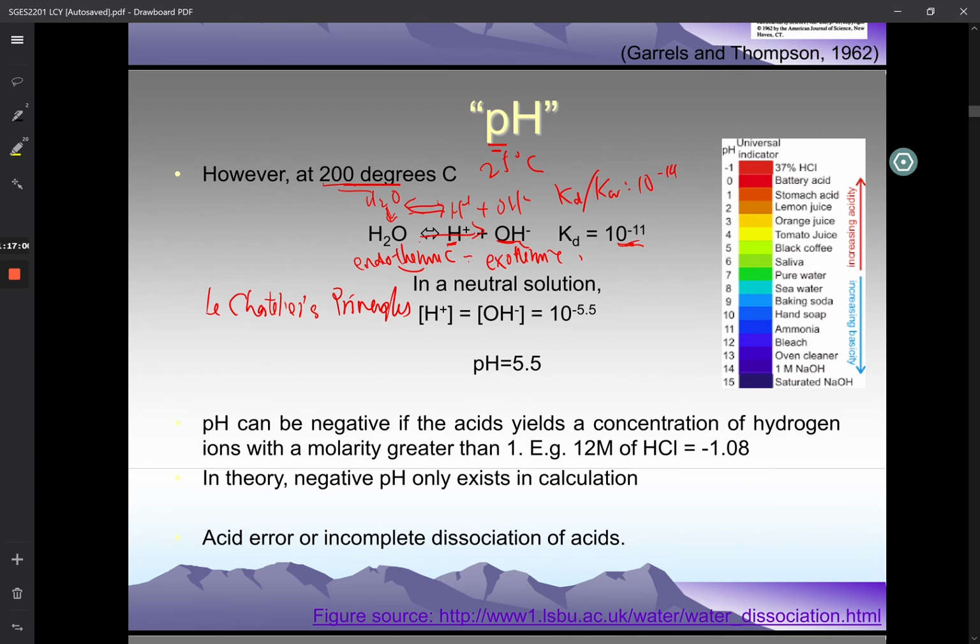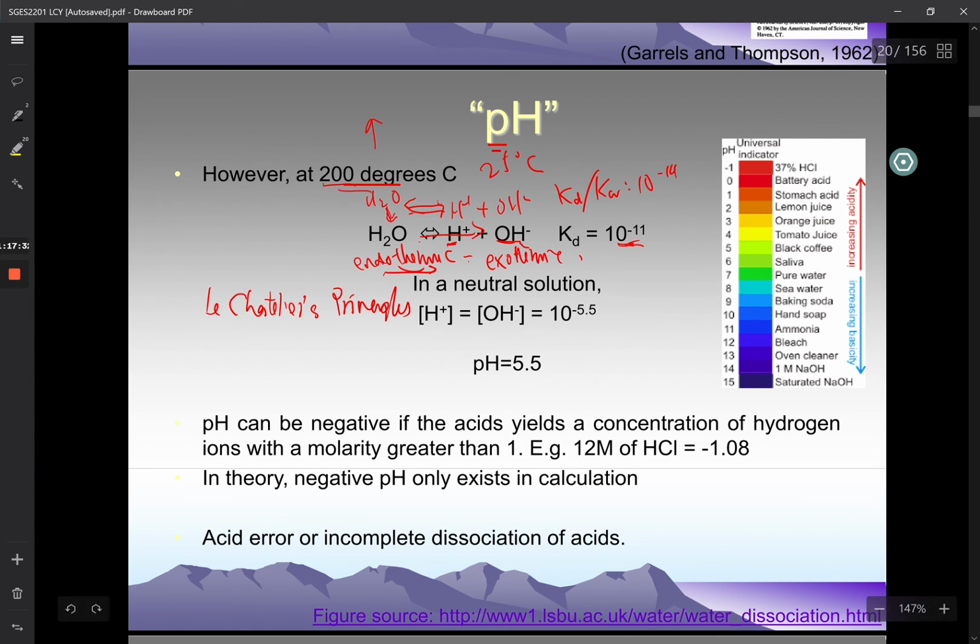So if this is an endothermic reaction, for example, and we increase the heat of this solution, the equilibrium tends to favor the reaction that counters the increase in temperature.